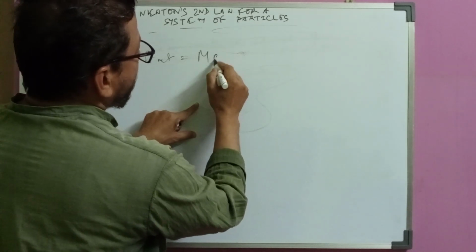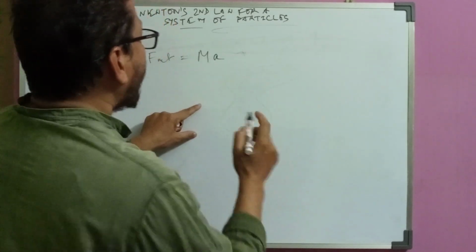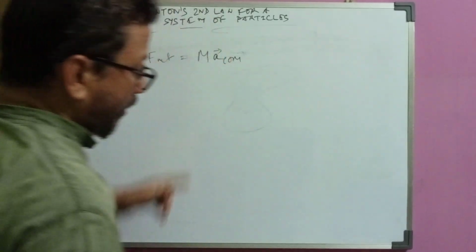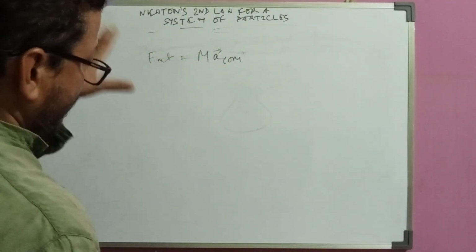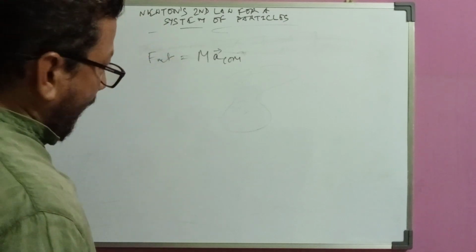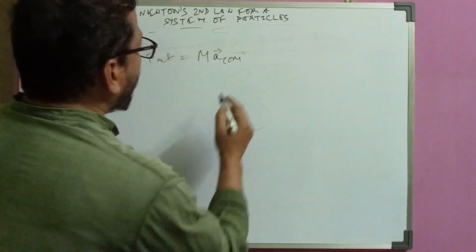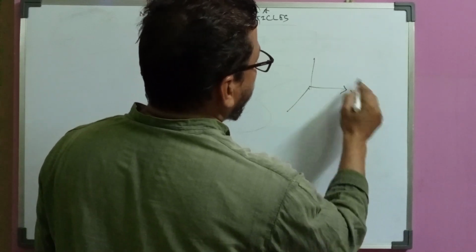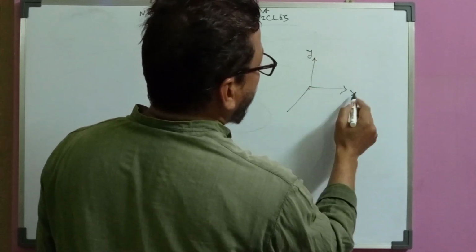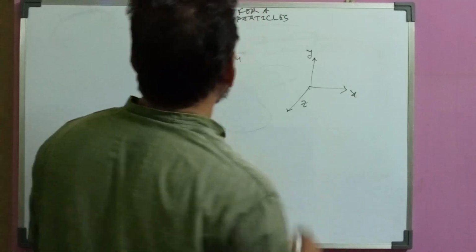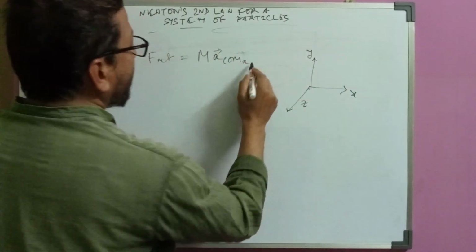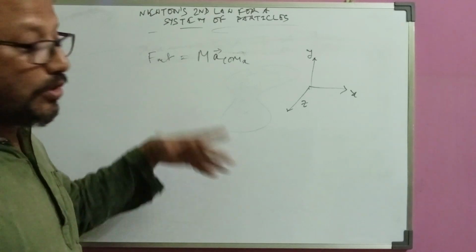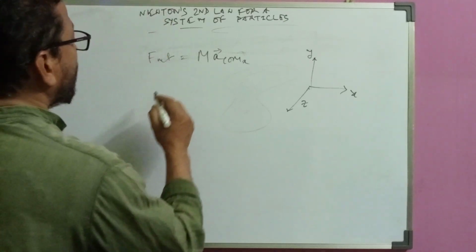This is M A com. This is the first part we learned. So for this com, let's go for the vector applications x, y and z. We can apply vector also to get the realization.